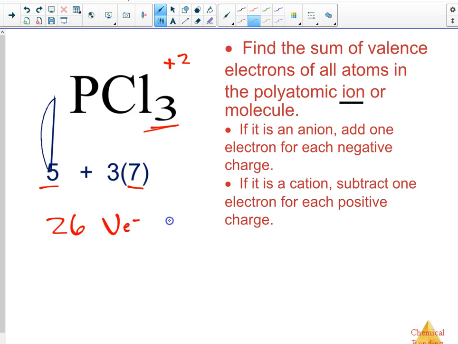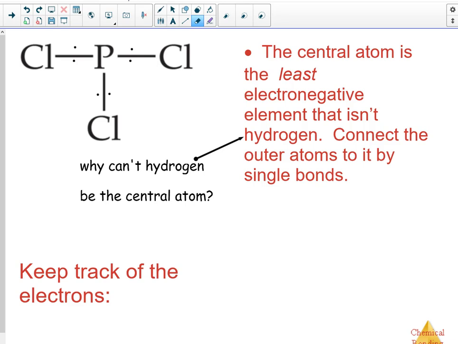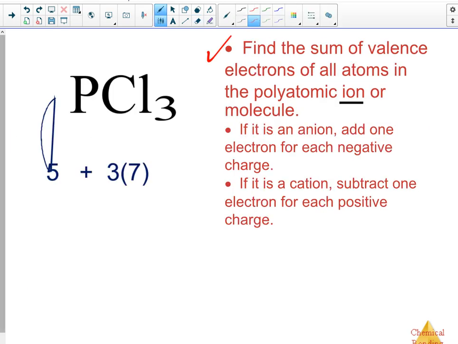The number one thing that kids forget, especially when they're brand new at it, is to look at the charge and adjust the electrons based on that. Now, this one doesn't have a charge. So that's our first step. Find the number of valence electrons.